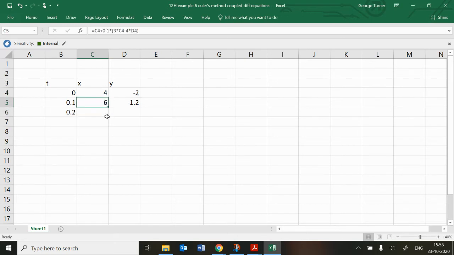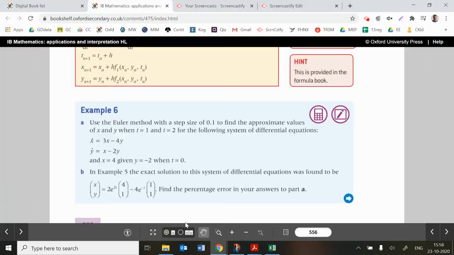Now, when I move on to the next square, it will just take all of those values from the previous square. So if I copy that one down, now my C4s become C5s, for example. So it just depends on the previous line. Now for y, let's have a look at this one from the book as well. For y, they had dy/dt was x minus 2y.